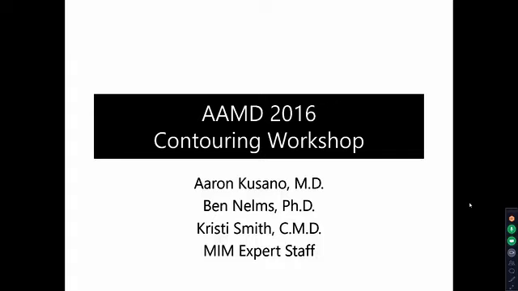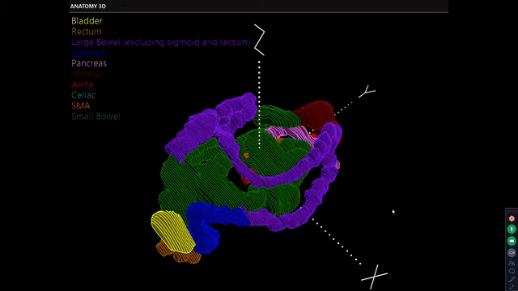So what we're going to do today is just give an overview of what we're going to do. First of all, the data set, and I have a picture here of a very comprehensive data set that Dr. Cusano has prepared for us. Aaron, you want to explain a little bit about this data set? Yeah, this data set is one in which we're focusing on pretty much all of the intra-abdominal organs.